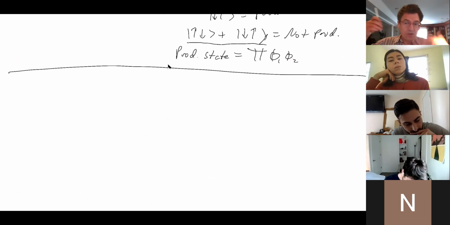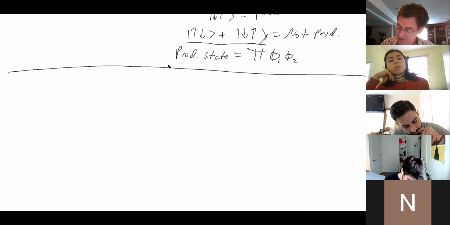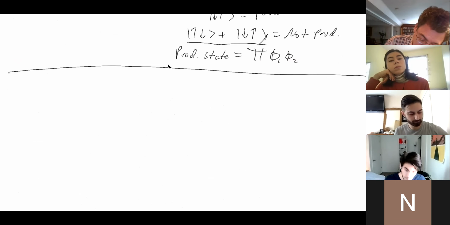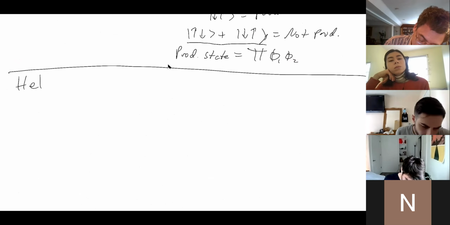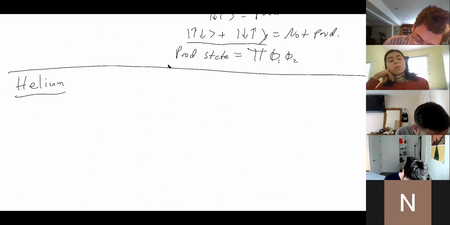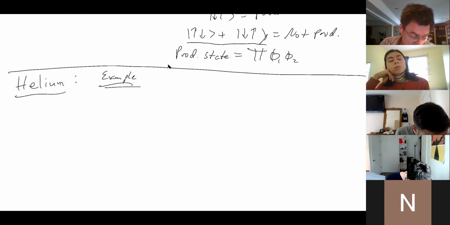I was just talking about the covalent bond for a few minutes, but now let's spend a few minutes talking about helium as an example of this physics. This is an example. So what is helium? Let's remind ourselves what helium is.